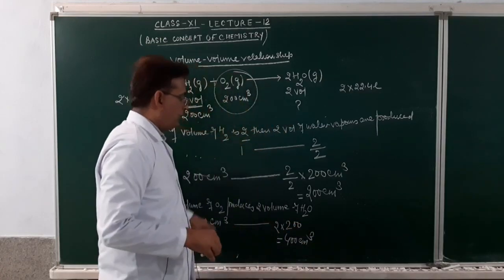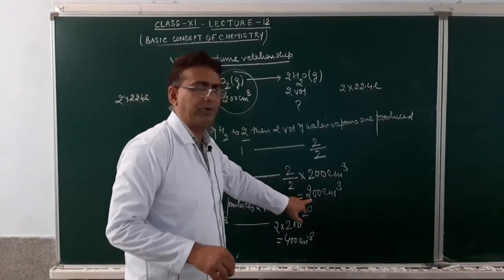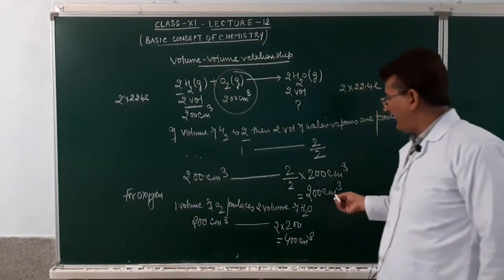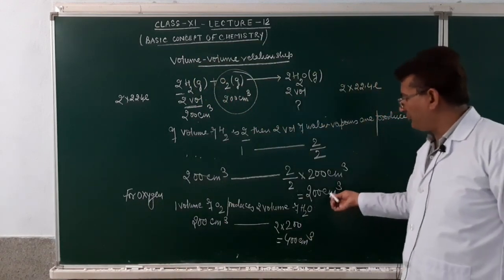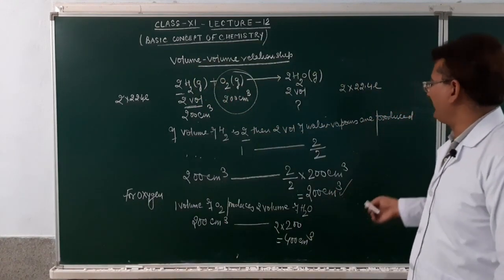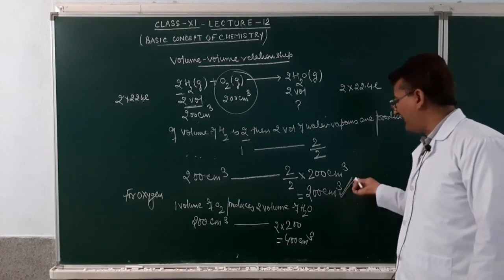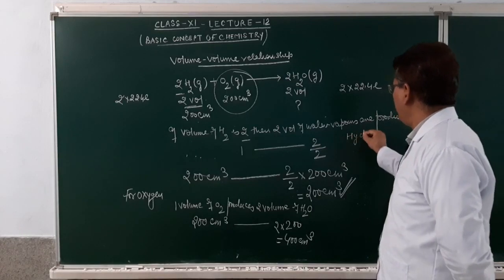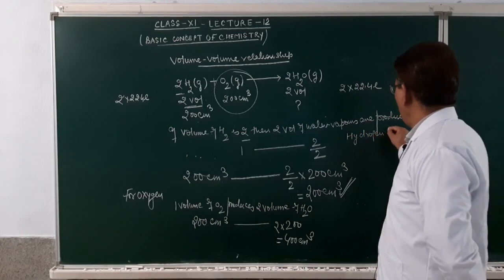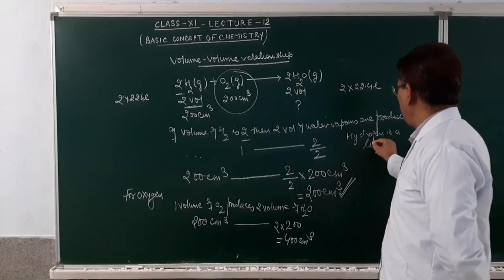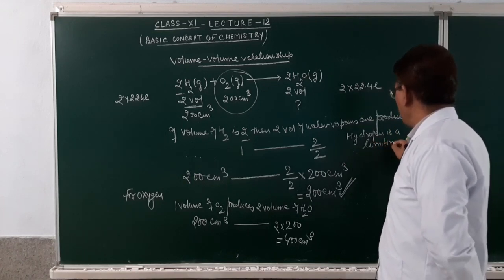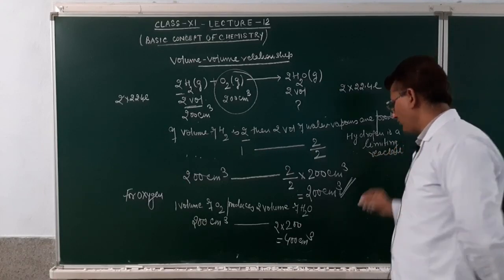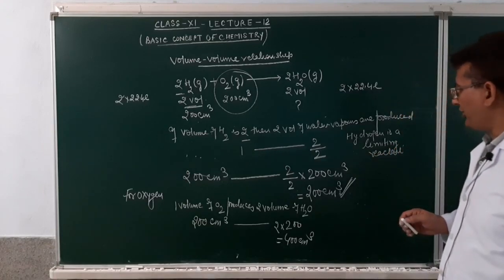Is it getting clear? Here how much volume of water vapor was produced? 200. Here how much is produced? 400. In which case is the lesser volume of water vapor obtained? This one. So this will be the right answer. Why? Because hydrogen is the limiting reactant. Okay? And what amount of water is produced?